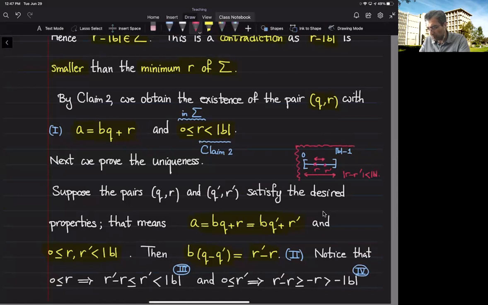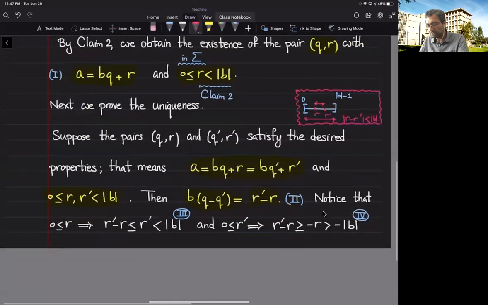Now I'm going to give you a bit more details on this. So R is a number which is non-negative. Therefore, R prime minus R is definitely at most R prime because I'm subtracting something non-negative from it. And R prime itself is an integer which is strictly less than absolute value of B. Similarly, R prime is a non-negative integer.